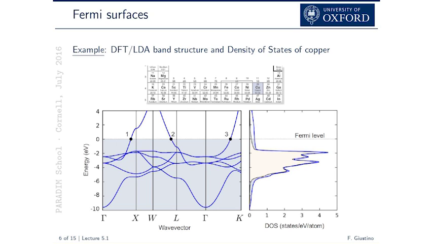Now let's look again for a second at this. So this is the same Brillouin zone for diamond, silicon, and for copper. Okay, so the L point is at the center of the hexagonal face. What is happening here is that the intersection of this kind of parabola with the Fermi level is past the L point.